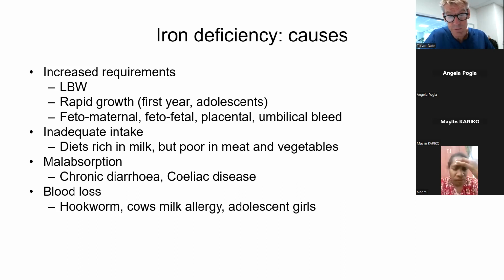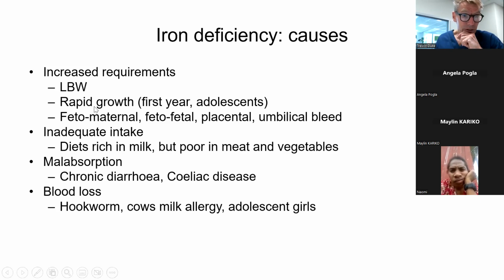Low birth weight babies have iron deficiency because of that, and also because often when a low birth weight baby's in the nursery, we might take blood from them. When you're taking blood from a preterm baby, you're also removing iron. So it's really important that we try to minimize the amount of blood taking, because you're taking iron from that baby.